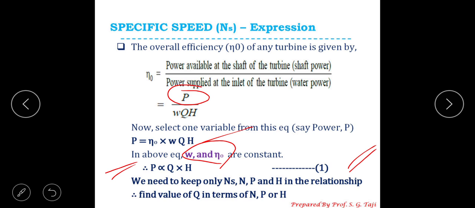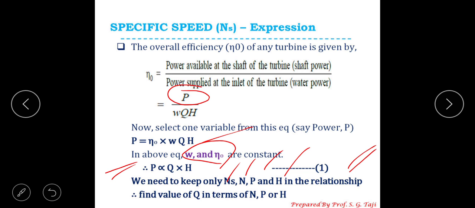Okay. We need to keep only Ns, N, P and H in the relationship. Are you understanding me? We should not keep any of the other parameters in the equations to get the specific speed expression. Here P and H are there in equation 1.